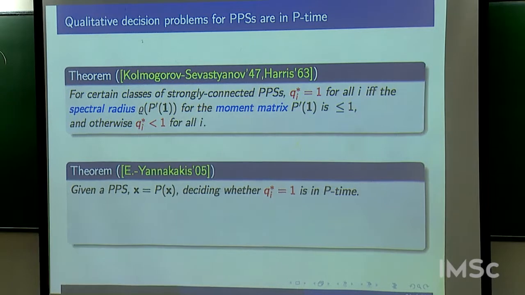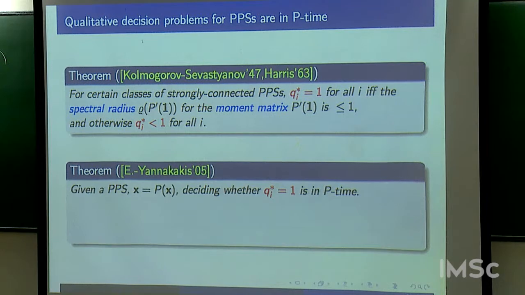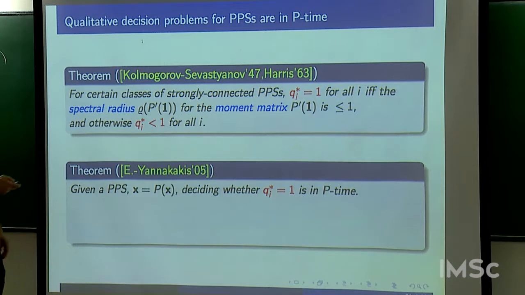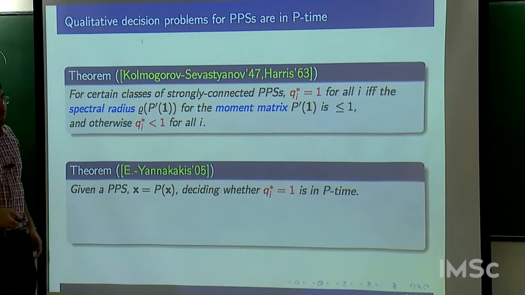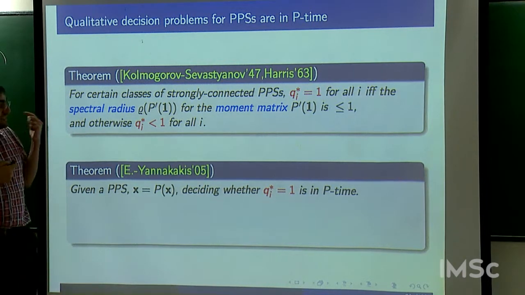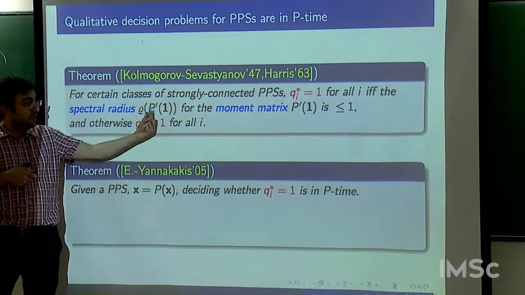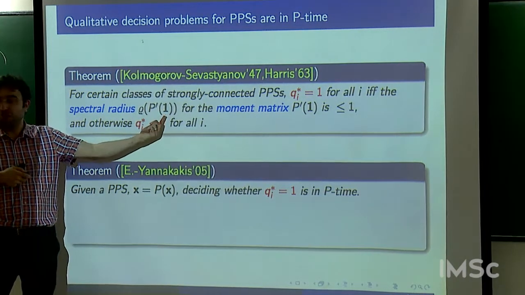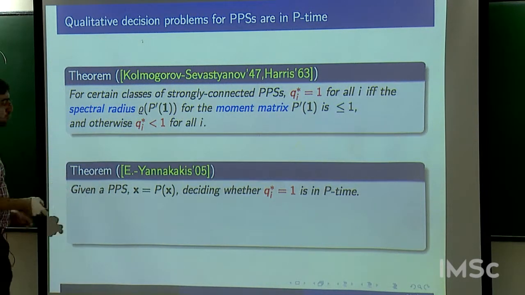So firstly, by old theorems about branching processes, it holds that for certain classes of strongly connected probabilistic polynomial systems, the least fixed point, or in other words, the vector of extinction probabilities, is the all one vector precisely when the spectral radius of a certain matrix, namely the Jacobian matrix evaluated at the all one vector, which is also the moment matrix of the branching process, is less than or equal to 1.